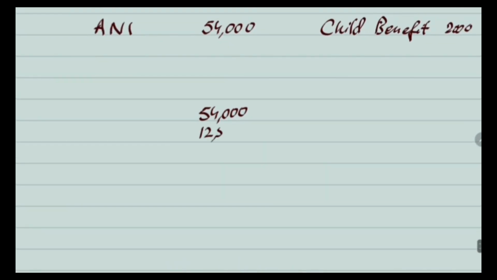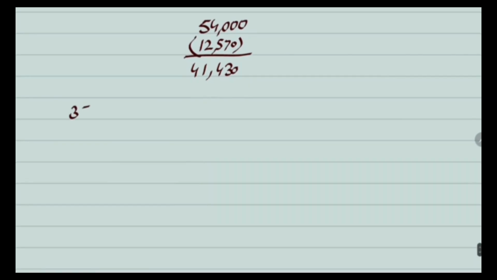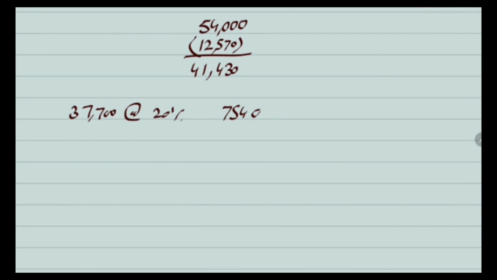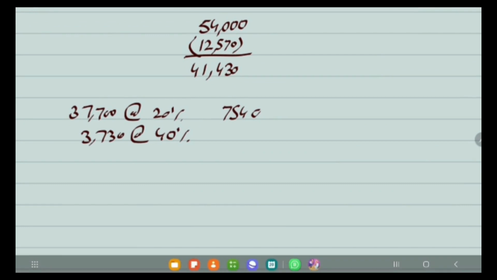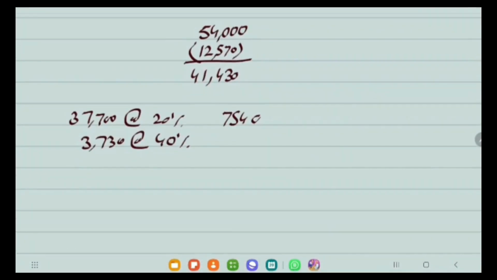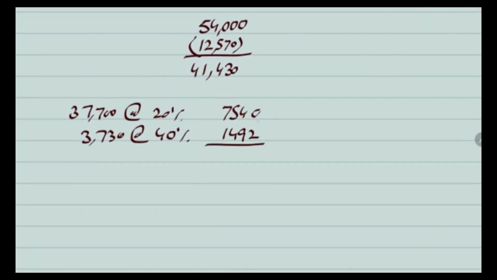Deduct 12,570 of personal allowance, and he has a taxable income of 41,430. Up to 37,700 he has to pay tax at the rate of 20%, which is 7,540. Now we need to consider the excess income. 41,430 minus 37,700 is 3,730, and it will be taxed at the rate of 40%, and that is 1,492. So this is his tax liability.